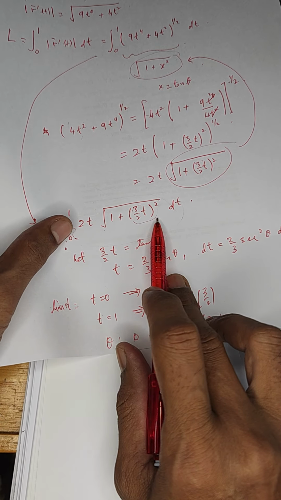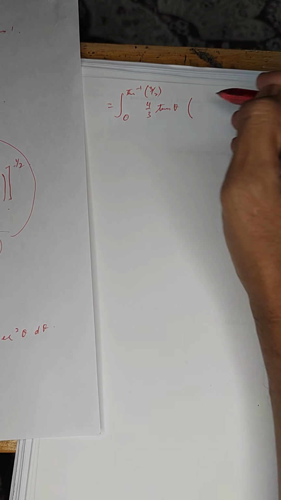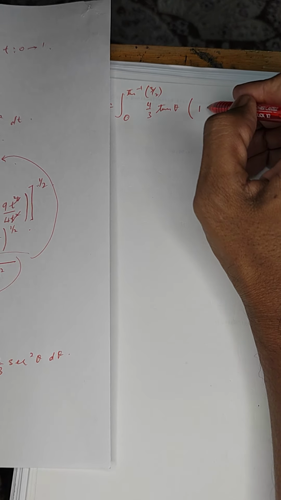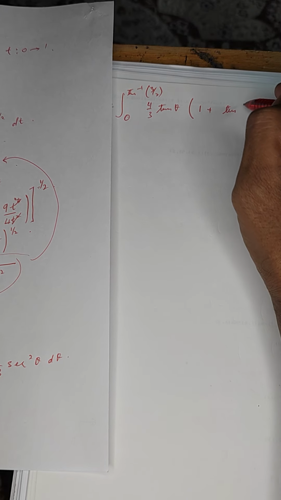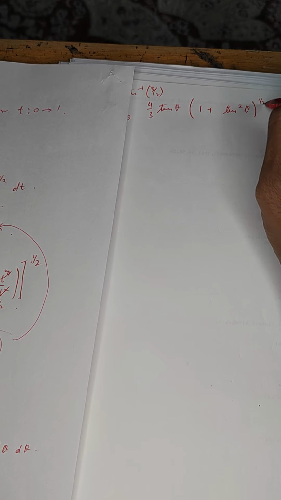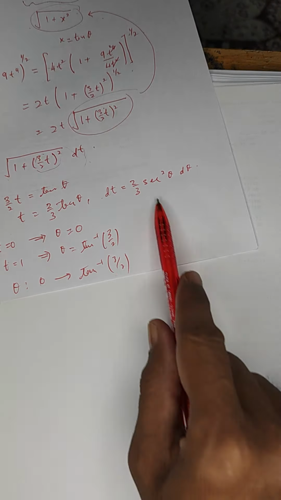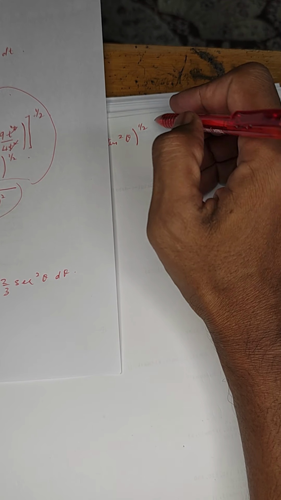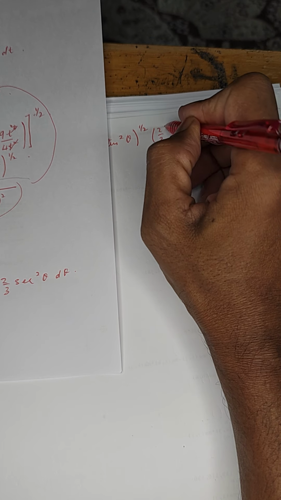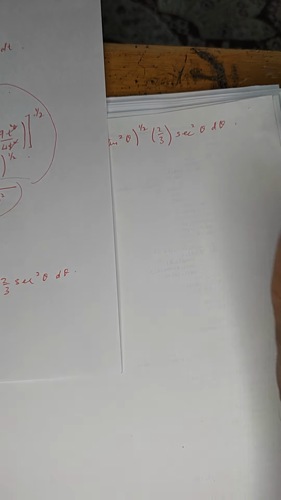So we have this square root of everything here. Let me write it that way: 1 plus tangent squared theta, to the half. And we have dt, right? dt is given here, so we have 2 over 3 secant squared theta d theta.